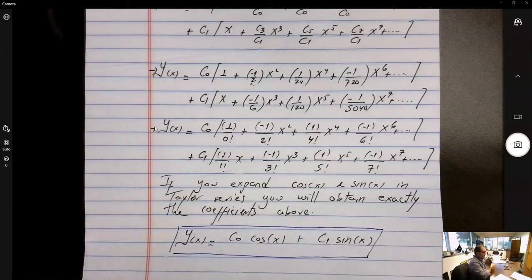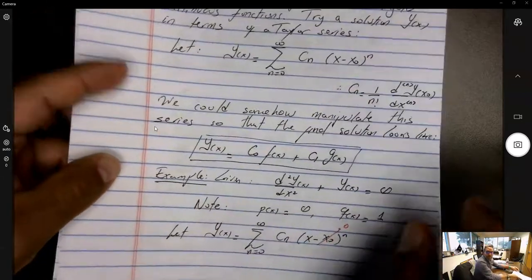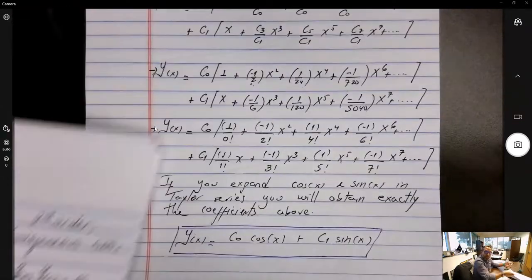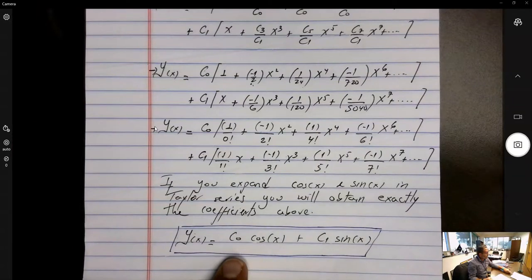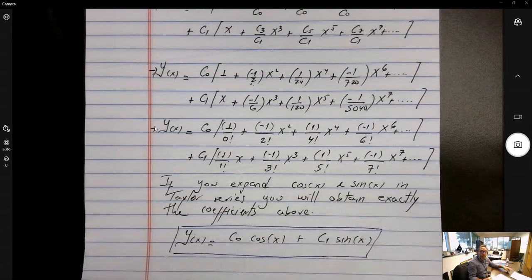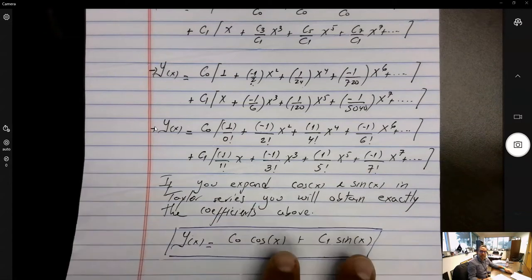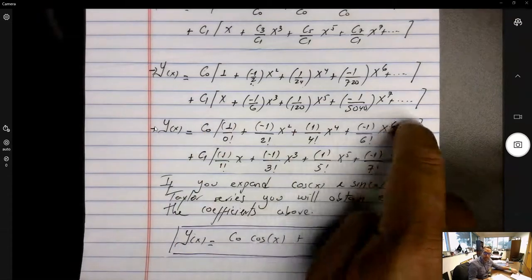because this equation, remember, is a constant coefficient equation. All the way 3 pages ago. This is a constant coefficient equation that we can very easily solve by the method that we already learned a couple of classes ago, or back when you took differential equations, that leads to a general solution in terms of a cosine and a sine. And these happen to be exactly these forms right here.